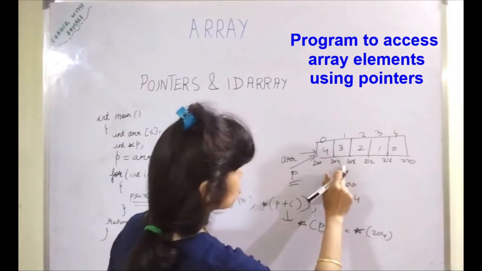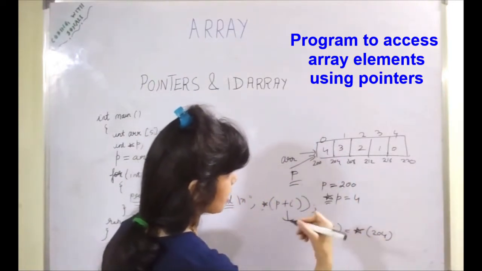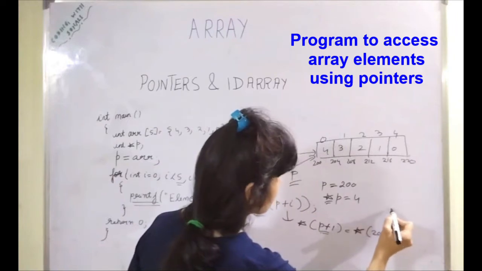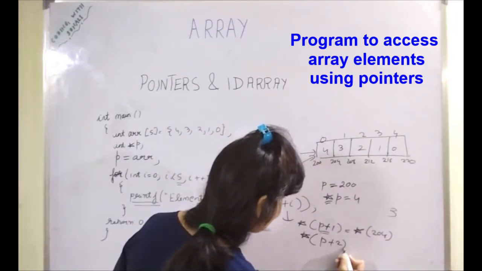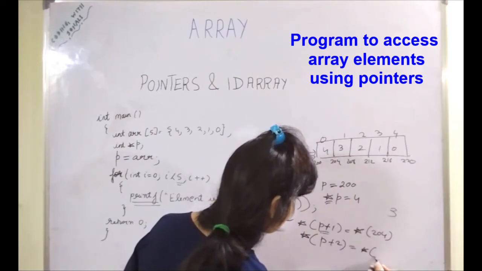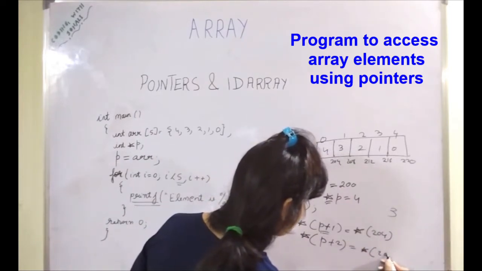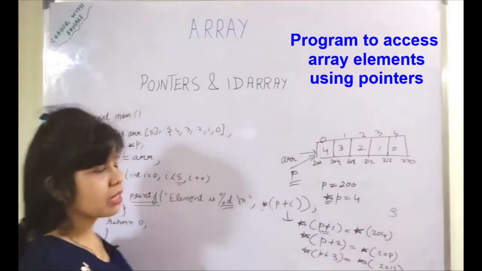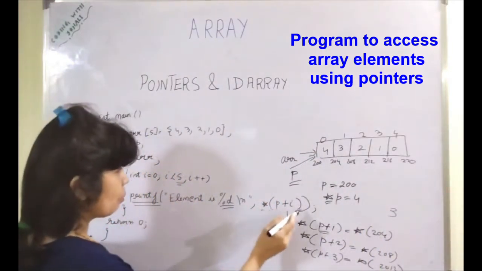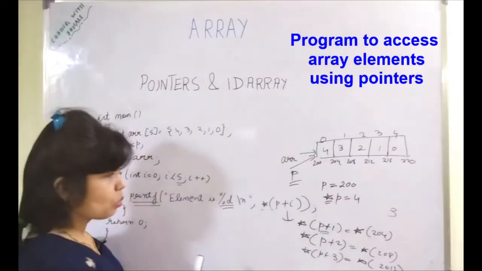What is the value at this 204? The value is 3. So next time you get 3 to be printed. Then when i becomes 2, it will be 208, that is 2. All the elements of the array we can print using this pointer, right? I hope you understood.